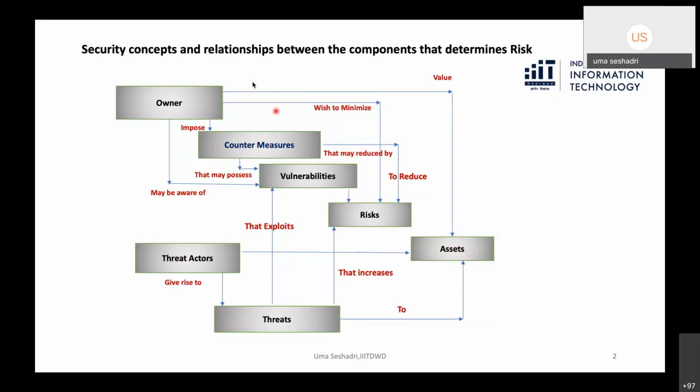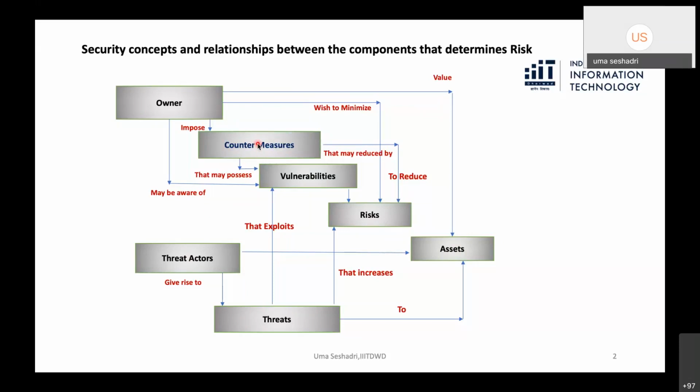So what are we trying to say? We are trying to say that you should know how to manage your weaknesses by using these countermeasures. What are these countermeasures? They are nothing but your security controls, your security systems, your policies, your standards. That is where, as an organization, we go for ISO standards, we go for international standards.